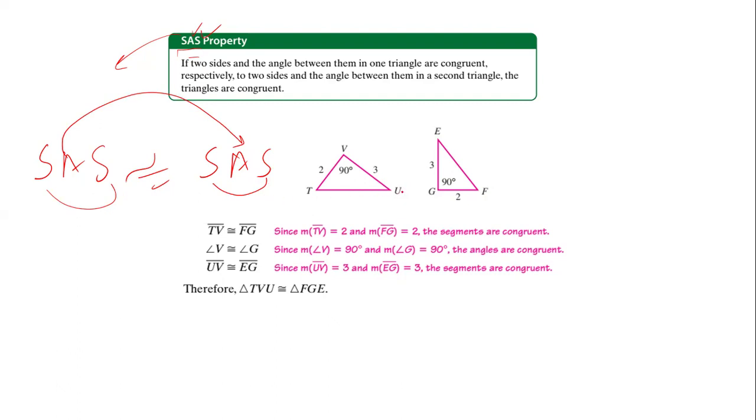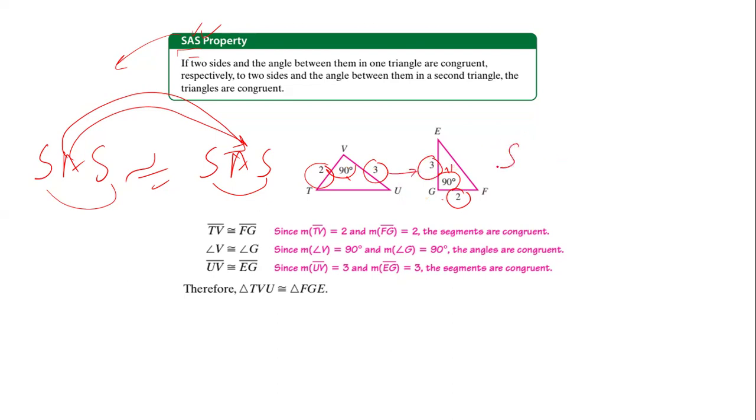For example here we have one angle, this is of 90 degrees, here this is of 90 degrees, so one angle from the first triangle and one angle from the second one is satisfied. Side here, this is 2, other one that is 2, one side from the first triangle and the other side from the second one are also congruent.